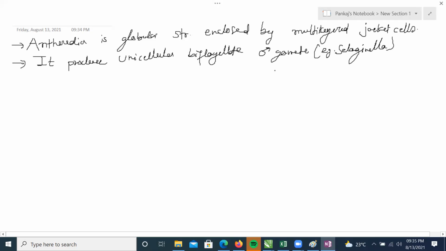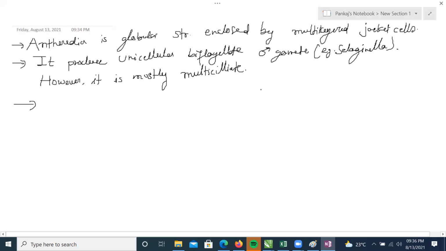But in most cases, it is in the form of multiciliate, right? However, it is mostly multiciliate. Okay.